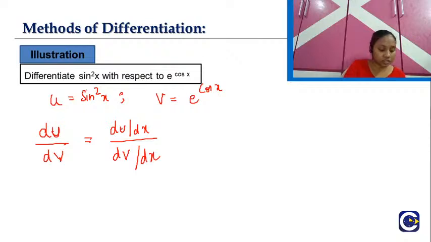So let me see, has anyone solved the question or not? Okay, minus 2 cos x by e power cos x, that's correct. Shyam and Arun have also given the answer.